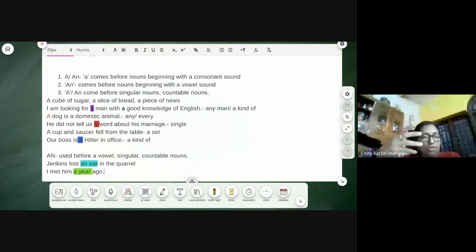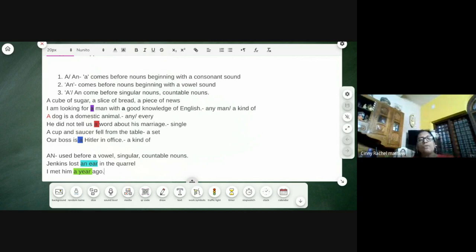You only use the indefinite article an before a word that begins with EAR because E is a vowel sound. And a year, I met him a year ago. There, though YEAR is almost pronounced like EAR, there is a difference that Y is a consonant sound.